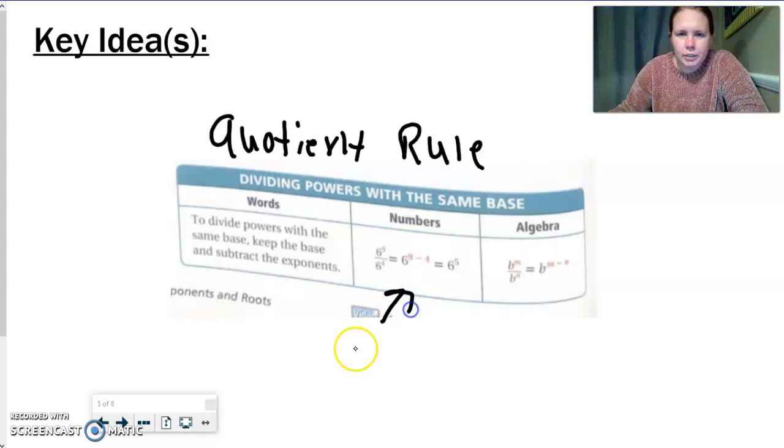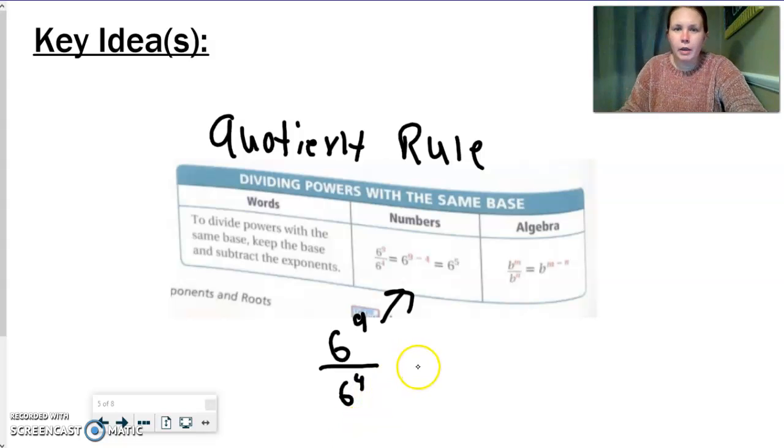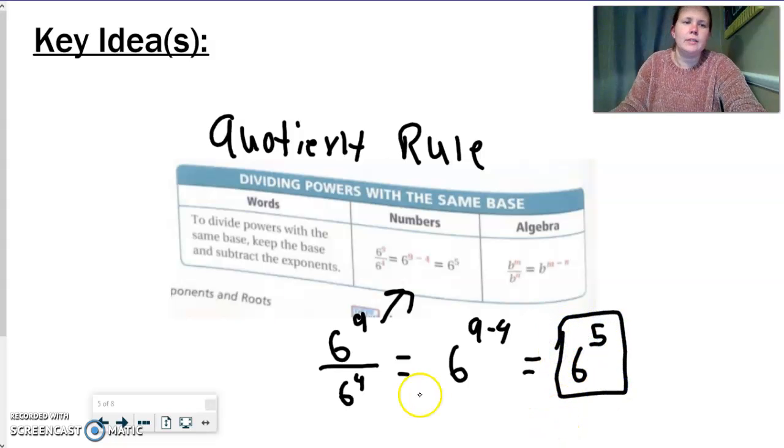So they show in here, which again is kind of hard to see, 6 to the 9th over 6 to the 4th. So how I would solve that is to keep the same base, so both of them have 6, and then I just take the exponents and subtract them. 9 minus 4, so really I have 6 to the 5th. And again, you just leave it in that exponent form, or that exponential form.